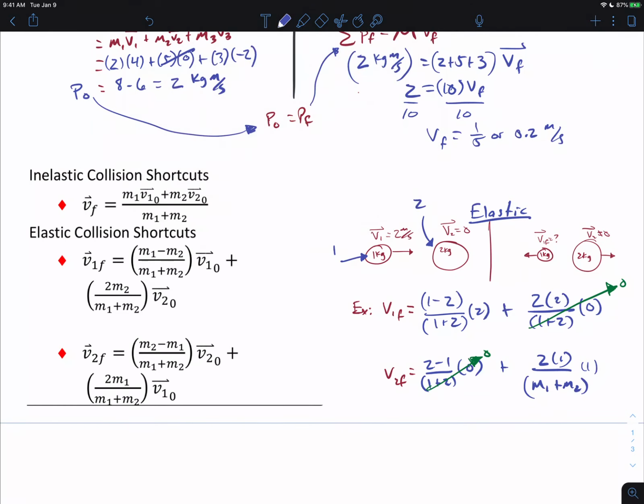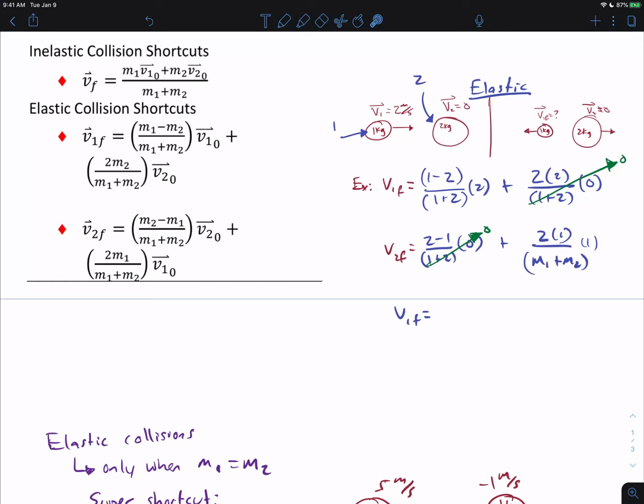So following up with what we have right here, we can see that velocity 1 final is just going to be this term, which is negative 1 over 3 times 2, so negative 2 over 3. And here I have velocity 2 final. This should equal 2 times 1, which is 2, over 1 plus 2, which is 3.